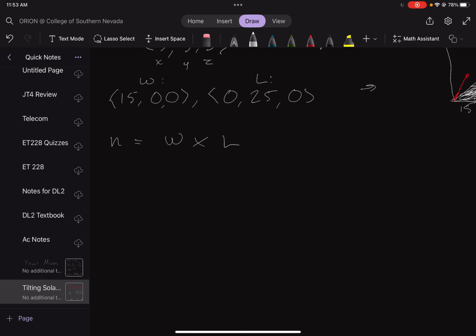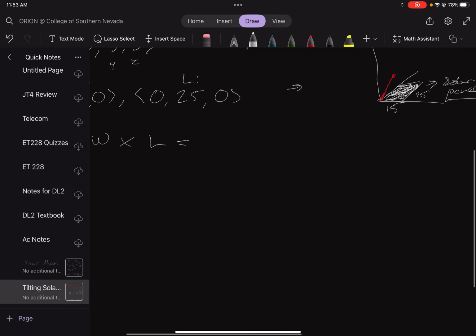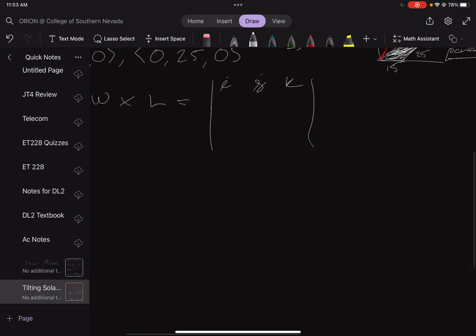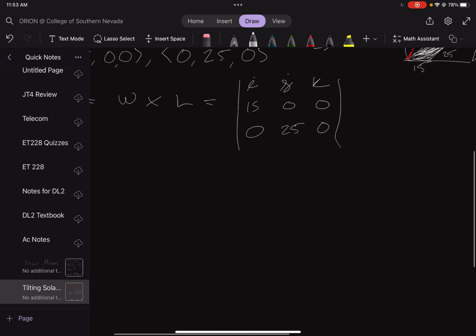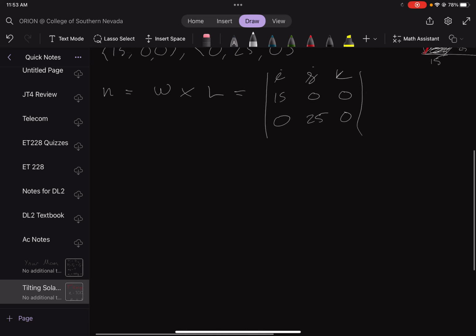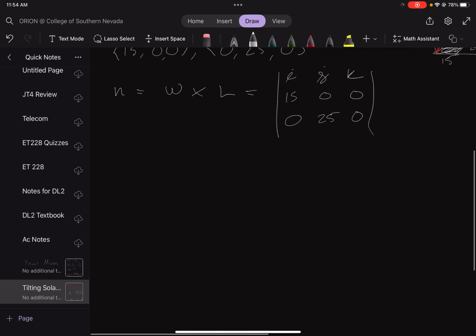So to do that, we have to lay out w and l in the i, j, and k format. So 15, 0, 0 for the width, and then 0, 25, 0 for the length. And then we have to put that into the formula. And then we have to cross multiply them.